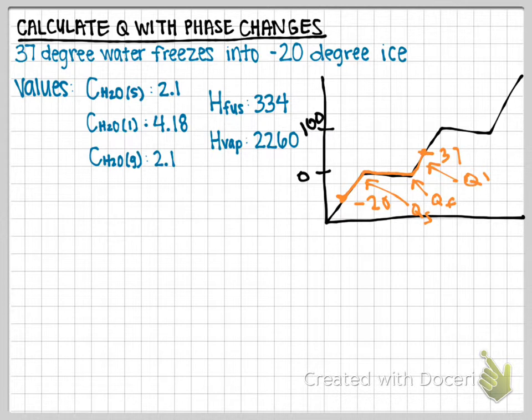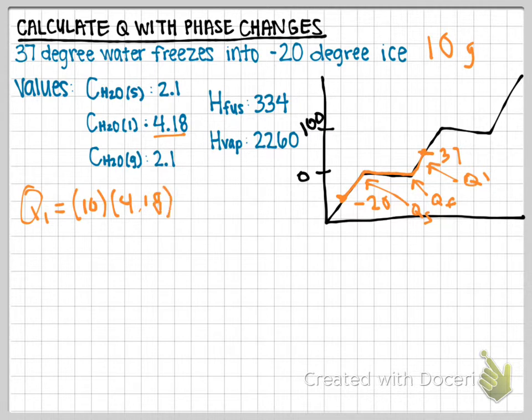So first you got to set up each equation. So Q equals mc delta T. Q of your liquid equals mass of the liquid, which I did not give, let's say 10 grams. So 10 grams is your mass. Specific heat of liquid is 4.18.